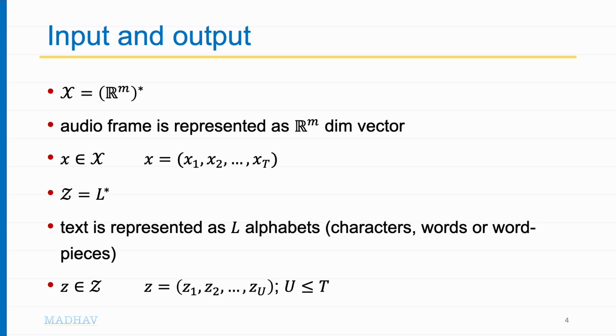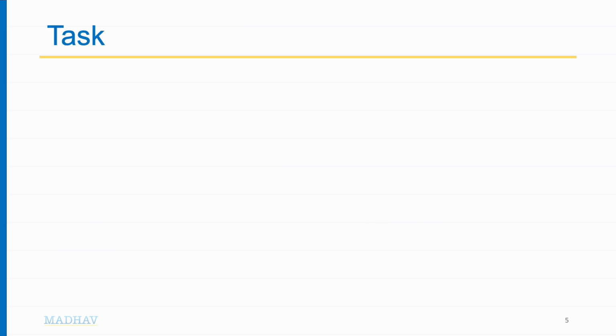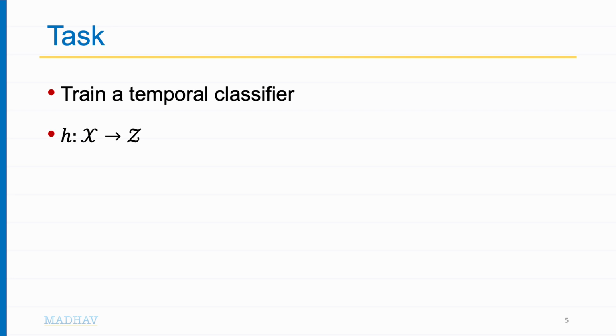And so your Z is also a sequence of these units, and the length of this sequence will be less than or equal to the length of your audio, capital T, which is obvious because every frame will map to only one, and because of deduplication, you may have lesser length. Now the task is to train a temporal classifier. That's clear.